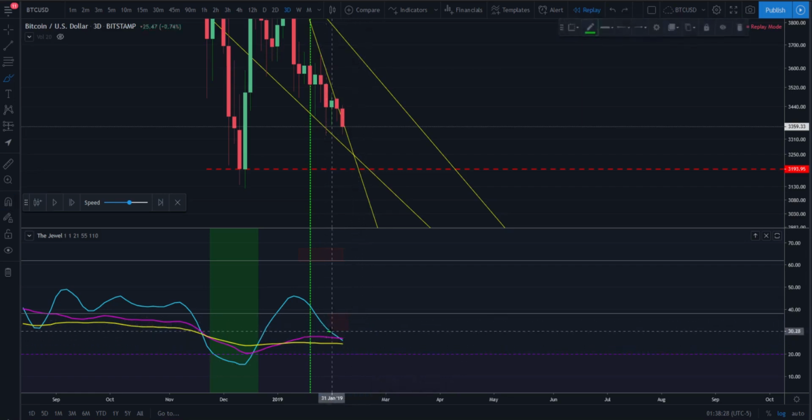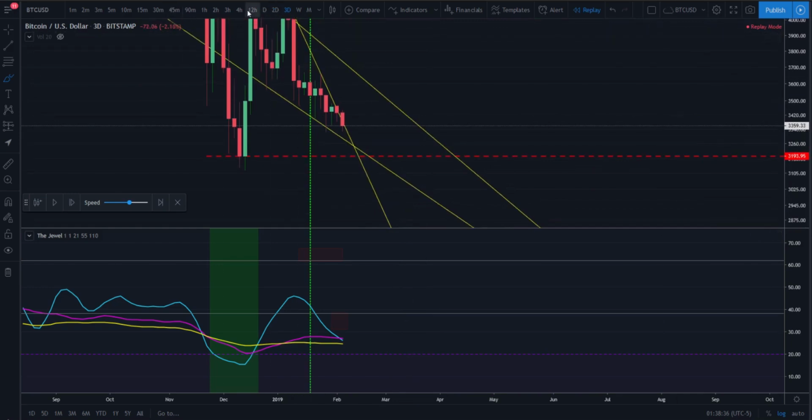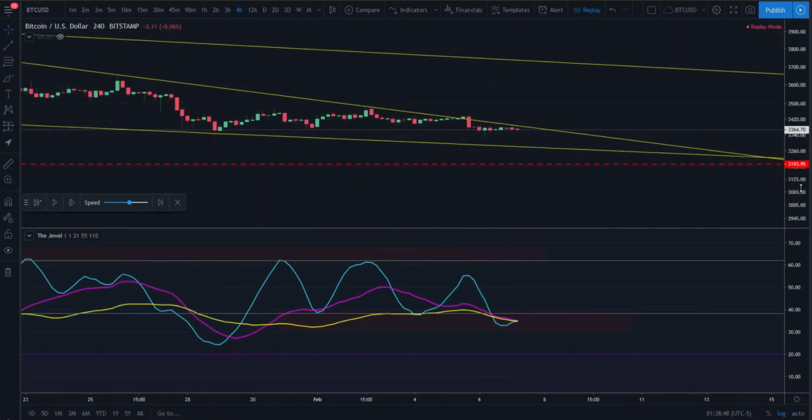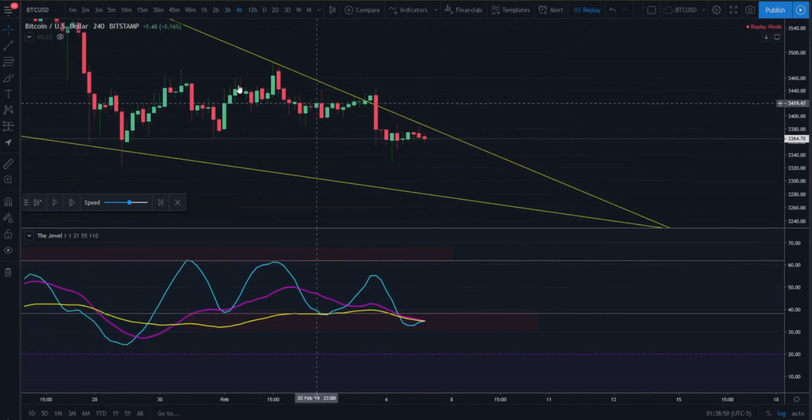Instead, what we are getting now is through the purple. Not what we expected, but this is why we need to be patient. We can't jump and front run the signal on the 3-day. We need to wait for them to actually be there. All right, let's keep on going.